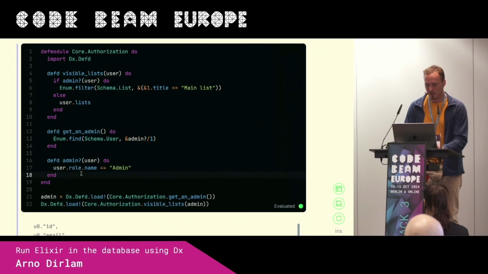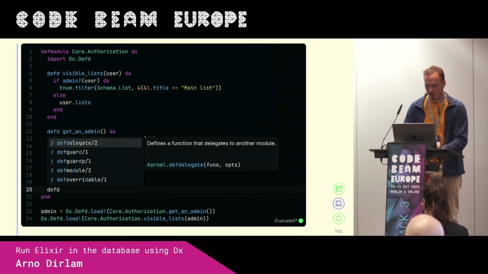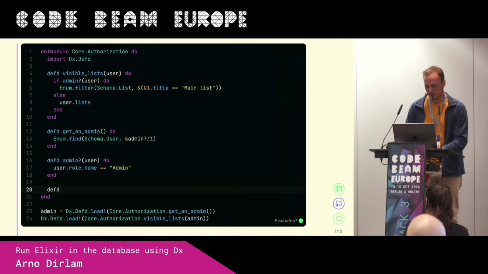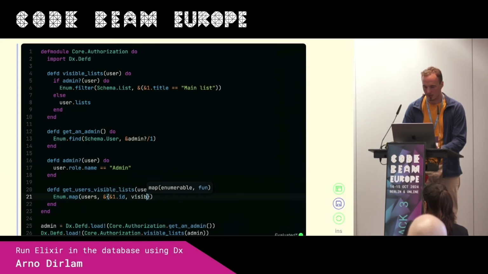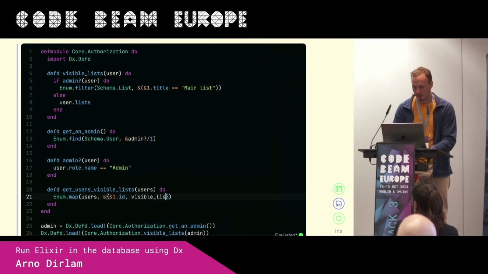So I'll make another defd function to say get users visible lists, and maybe with an enum.map, and then we get, let's say we make a tuple with the user ID and then their visible lists.